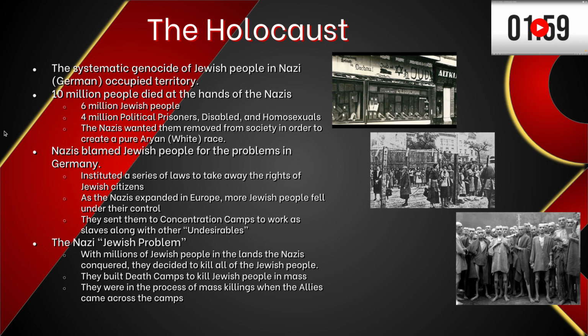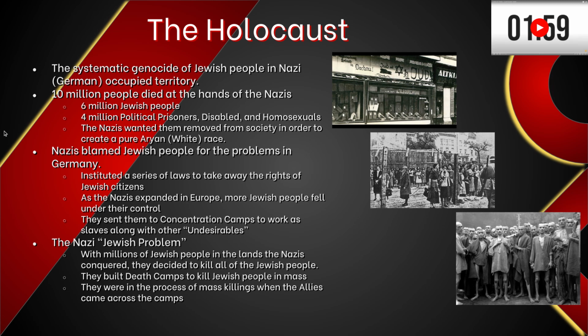But first, Jewish people, political prisoners, the disabled, homosexuals, they were sent to concentration camps. And concentration camps are forced labor camps, or slave camps. People are imprisoned and made to do hard labor in order to produce items or to build things for the Nazi empire.